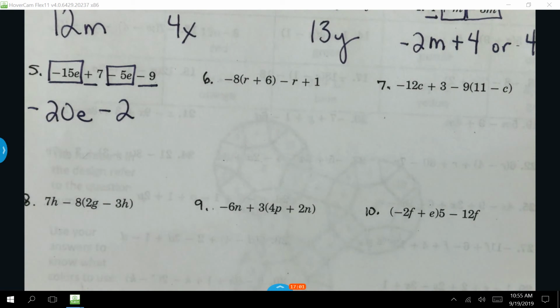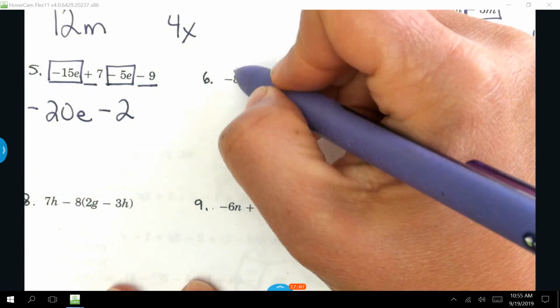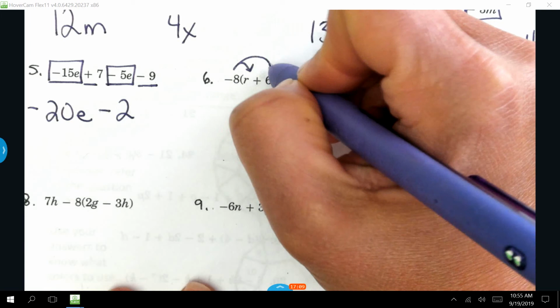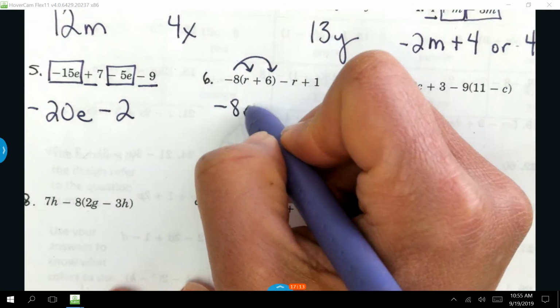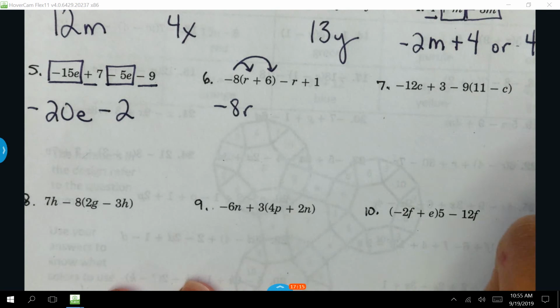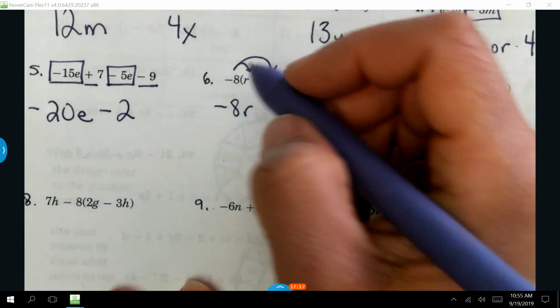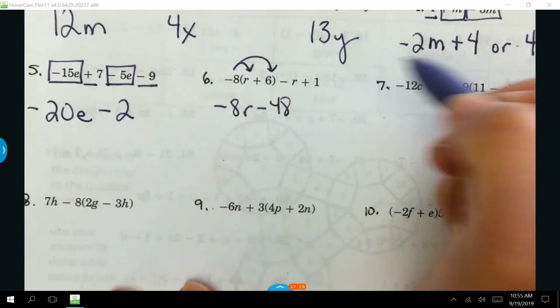Alright, so, look at number 6. Now we're getting into distributive property, and then we have to combine like terms. So we're going to distribute the negative 8. So we have negative 8r, then minus 48.